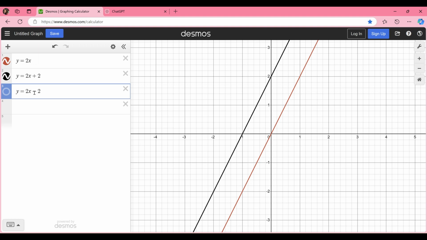And if I subtracted 2 from the 2x, you're going to see that the graph is going to shift down 2 steps. That means when your b is positive, your graph shifts up, and when your b is negative, your graph shifts down.